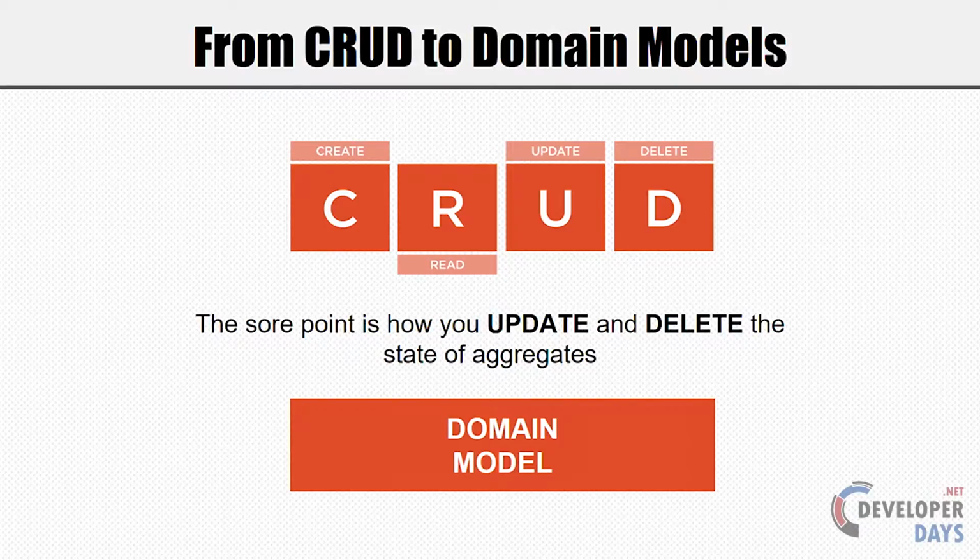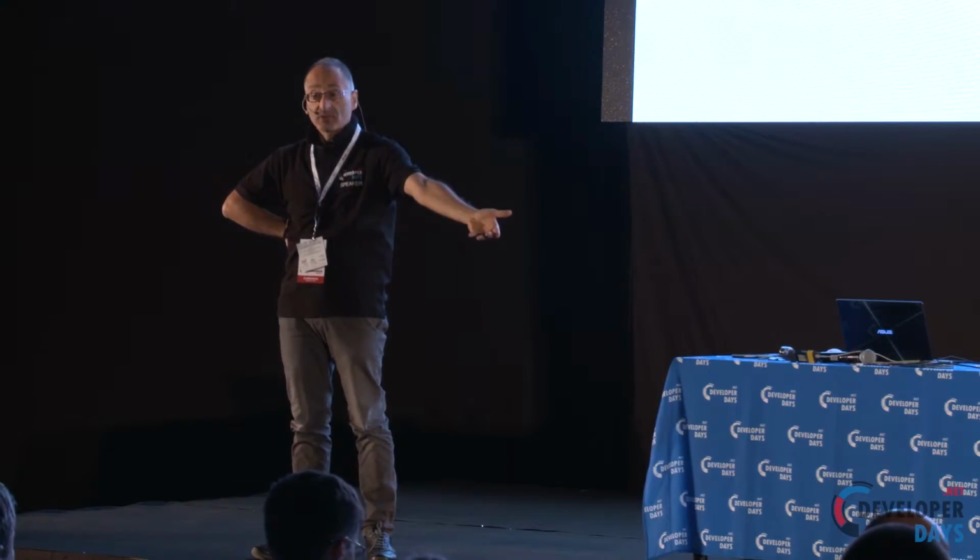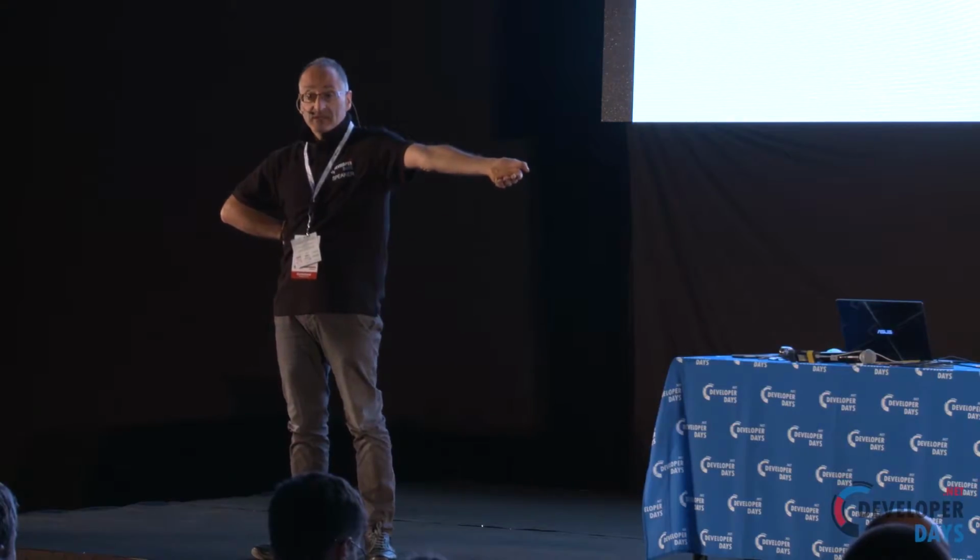Because in the business, when we deal with business rules and business logic, we read data from some persistence store, or we create new entities to be saved. But these entities, once created or once read, are subject to business operations, and the state changes.